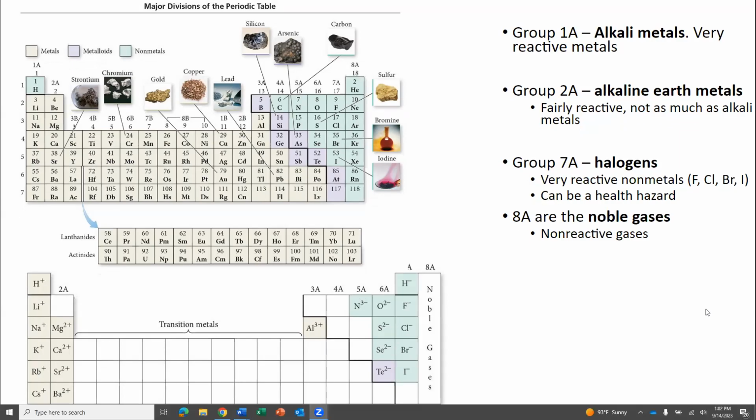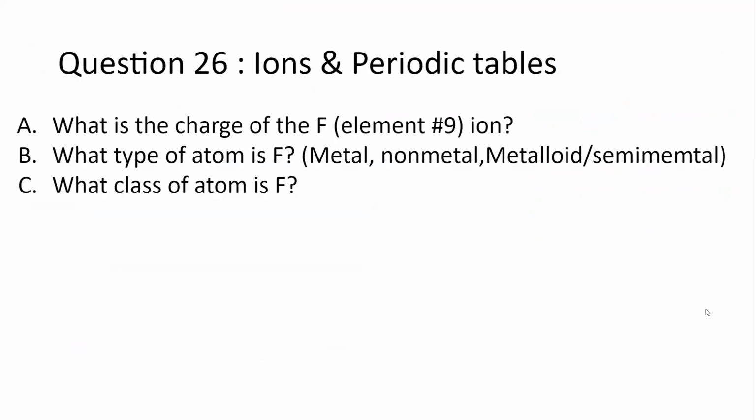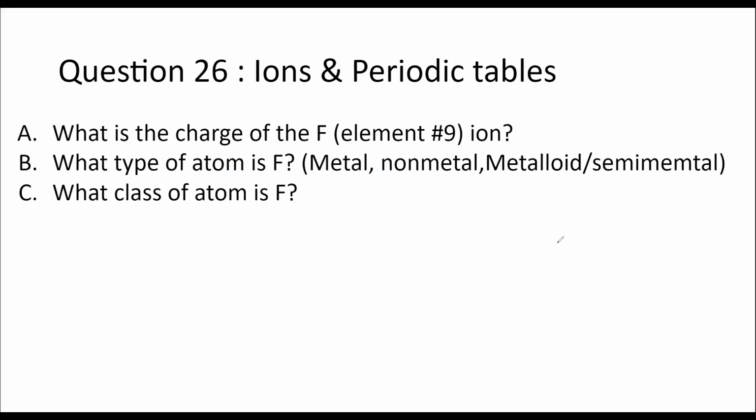All right, to test yourself out, I have some questions. So like I said at the beginning, when we do this, please pause because I'm gonna jump right into the answers. And as always, you need to try to answer, try to stretch your mind to learn things. All right, so what is the charge of the F ion? That will be F minus, it's a halogen.